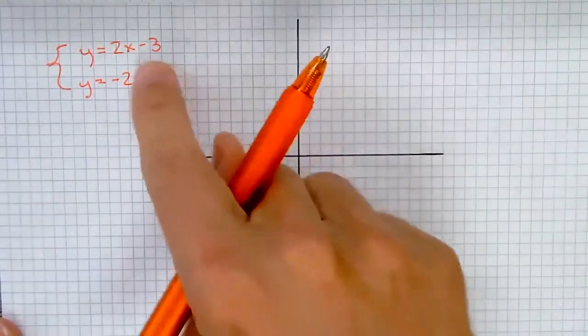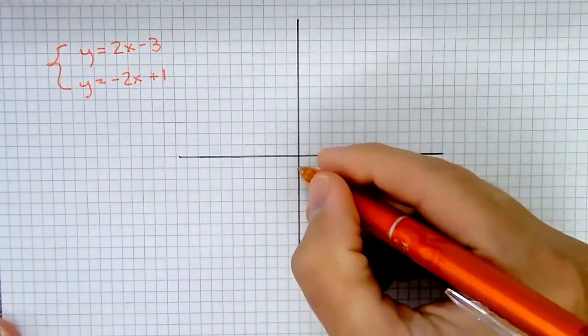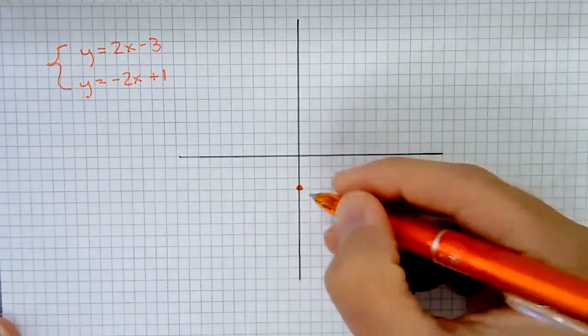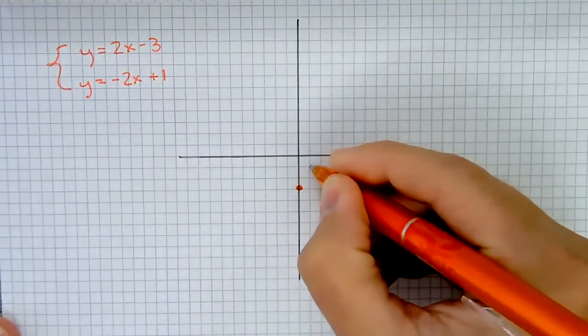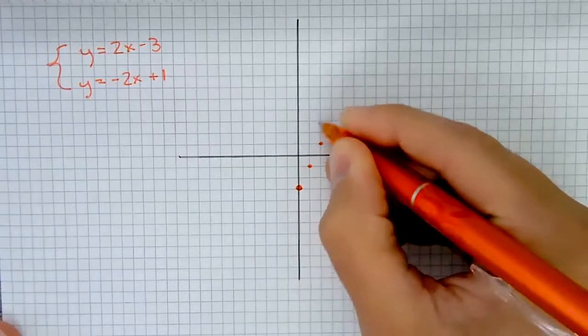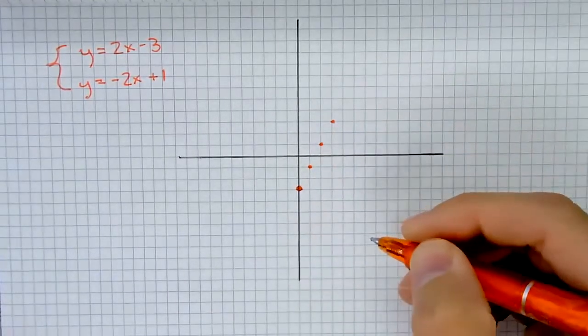First one, y-intercept of negative 3, with a slope of 2, so up 2 over 1, up 2 over 1, up 2 over 1.